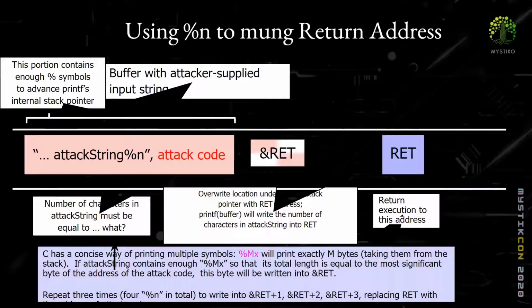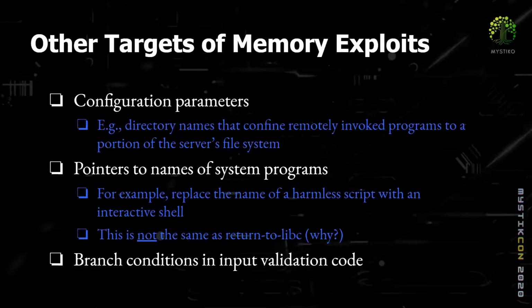If the attack code contains enough %mx so that the total length is equal to the most significant byte of the address of the attack code, this byte will be written into ret. Repeat three times, that is 4 %n in total, to write into ret, ret+1, ret+2, and ret+3. So by using 4 %n's, we are replacing the entire return address pointer with the address of the attack code.